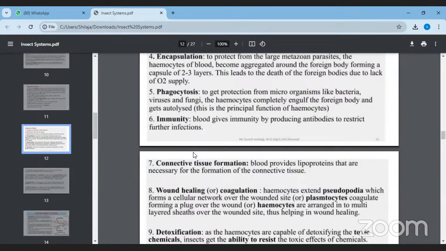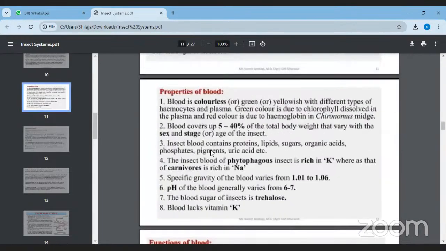Coming to the hemocytes, the number we see is about 20,000. For the chemical composition we can write many other things, like the inorganic constituents present, such as copper, aluminium, zinc.